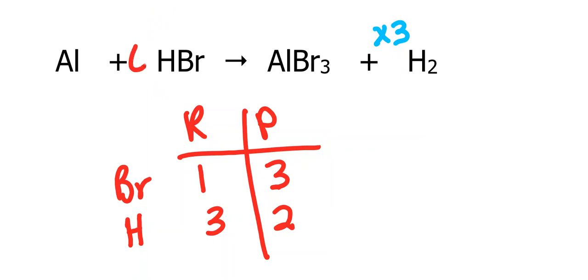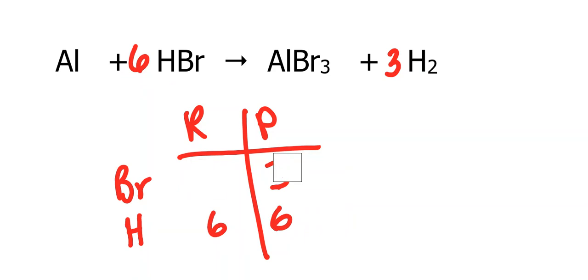So I'll put a 6 there. And here, that was a 1, so I'm just going to add a 3 there. Okay, and let's check hydrogen because that's what we just balanced. And hydrogen I have 6. Here I have 6. So hydrogen is balanced, but that just affected our bromine.